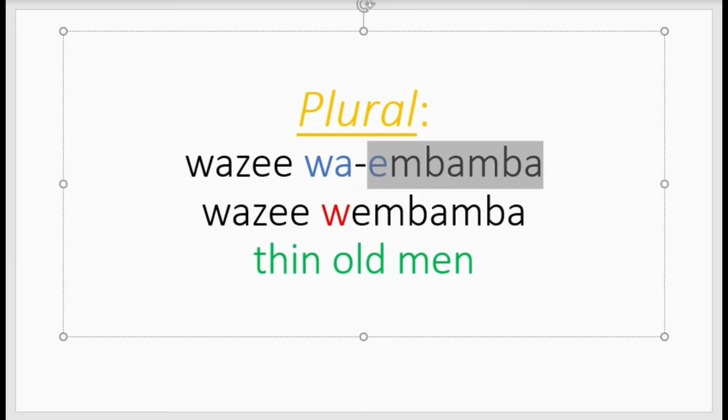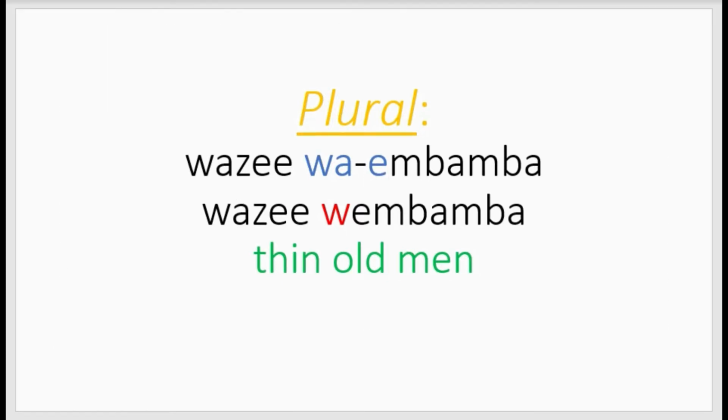Now we take the wa as usual, the first one. And then what is the next one? Is e. So what happens from our table back here?